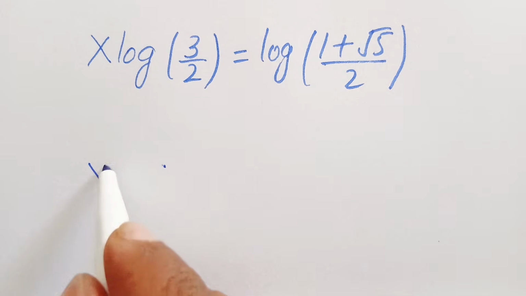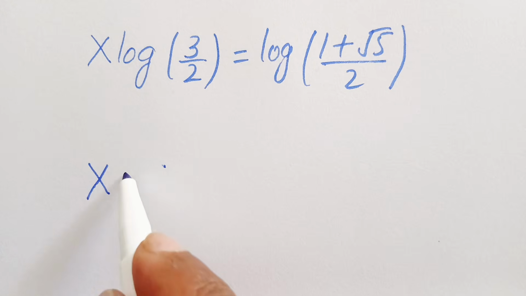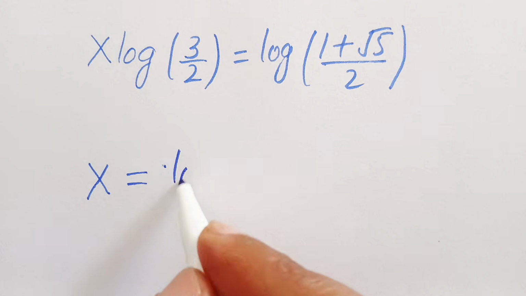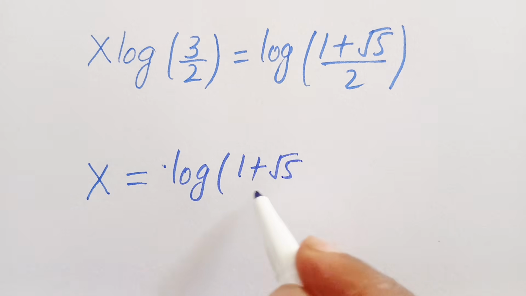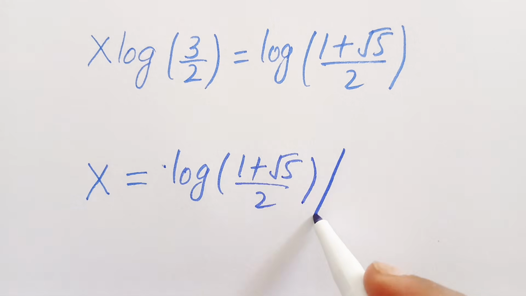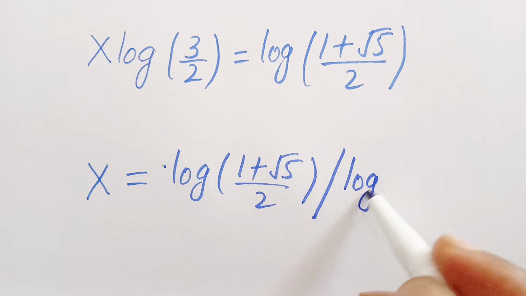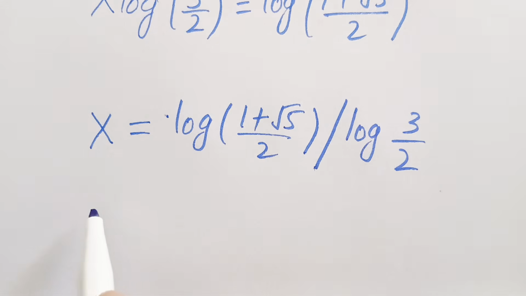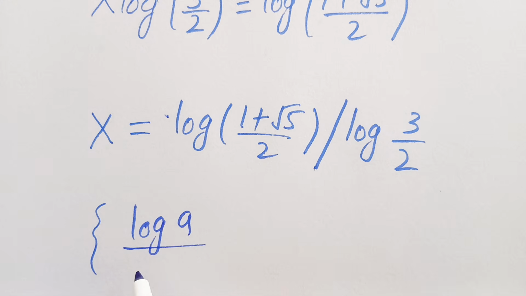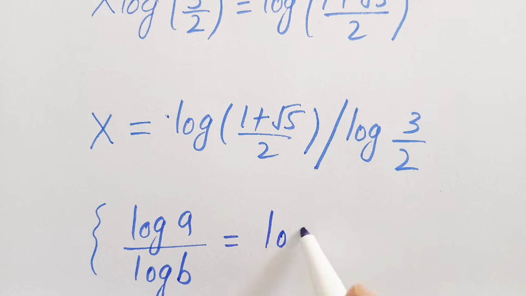Now dividing by log 3 by 2 on both sides, we have log 1 plus square root 5 divided by 2, divided by log 3 by 2. And we have another interesting property of log: log a by log b is equal to log a to the base b.